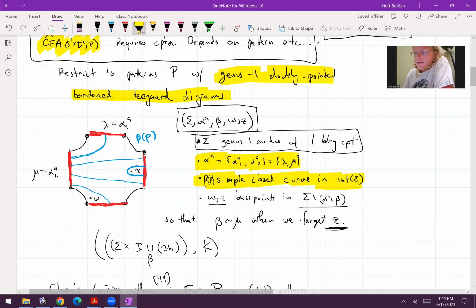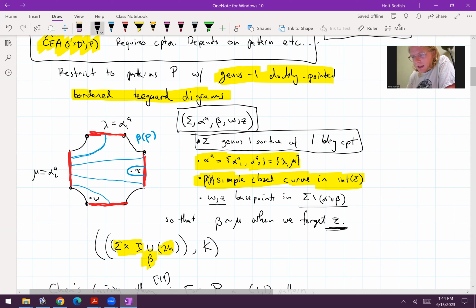And once I have this 5-tuple of data, it defines a 3-manifold with torus boundary and a knot inside of that 3-manifold by the following recipe. I take sigma cross I, thicken up the surface, and I attach a 2-handle along the beta curve.